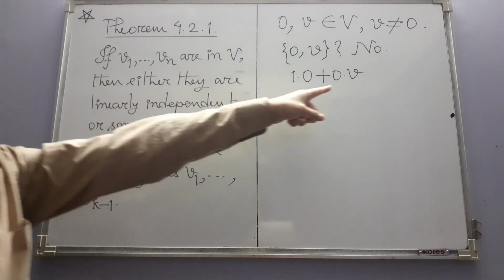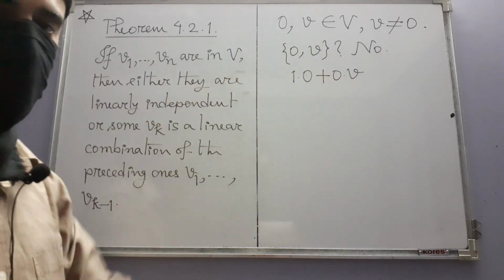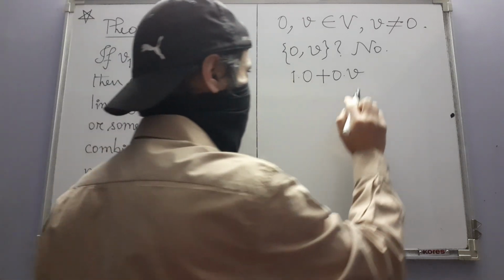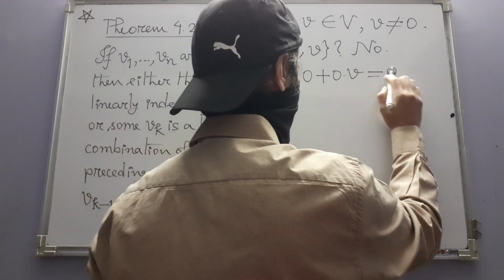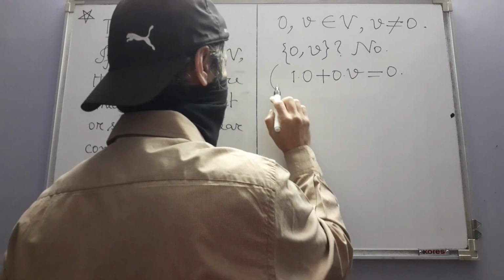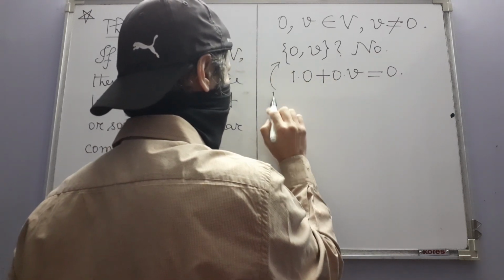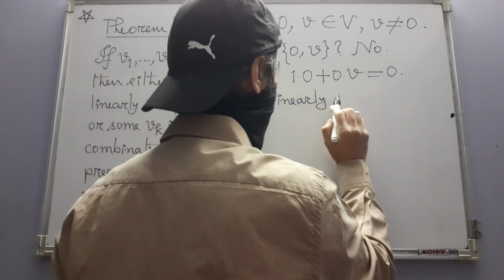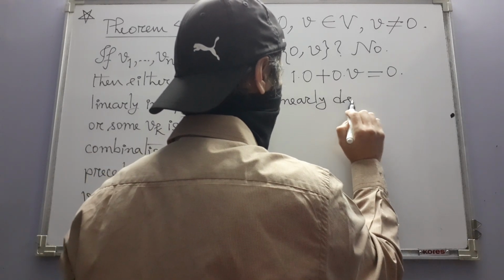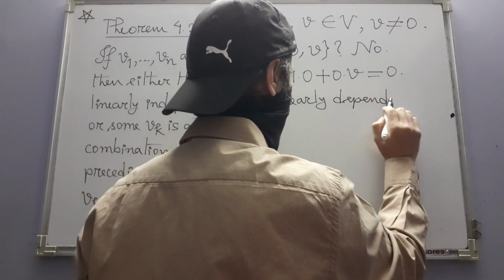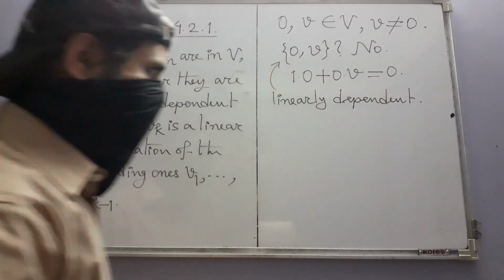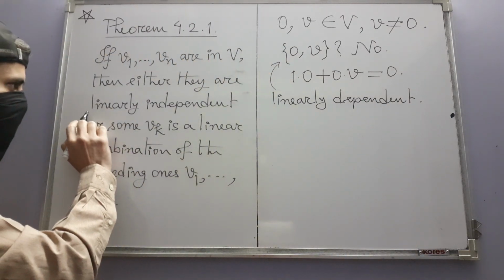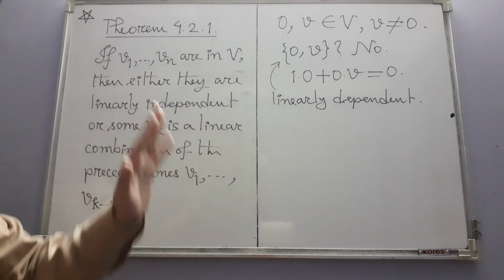This is a non-trivial linear combination of 0 and v because of this non-zero scalar. However, this is equal to 0. So that is why this set is linearly dependent. In other words, it's not linearly independent. So one half of this claim is not true for this set.